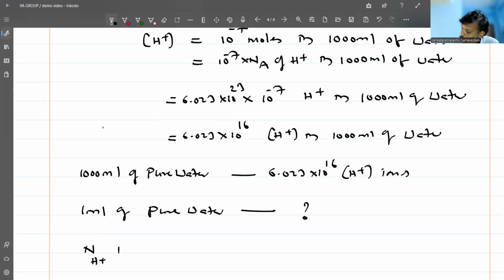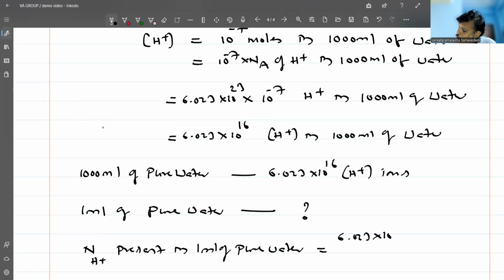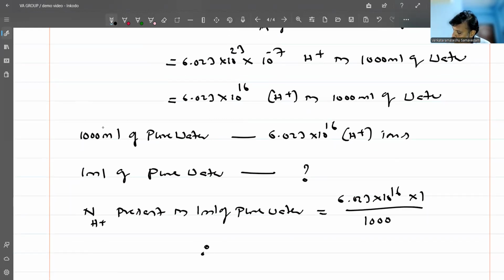The number of H plus ions present in 1 ml of pure water is equal to 6.023 into 10 power 16 into 1 by 1000. Therefore, the answer: number of H plus ions in 1 ml of pure water is 6.023 into 10 to the power of 13 H plus ions present in 1 ml.